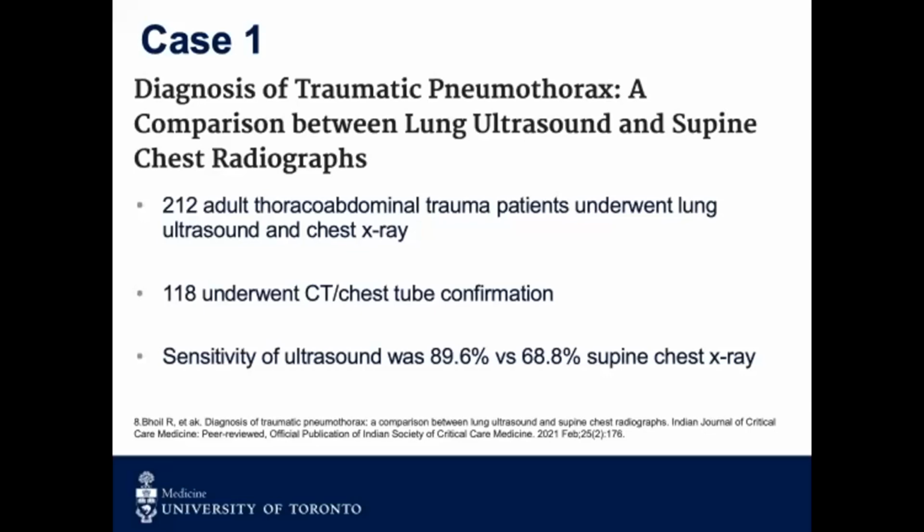And I think this is an important consideration because that's a big difference here. We talked about the fact that supine chest x-ray does underperform when air is involved because obviously you can't sit the patient up. But I think it's a really valuable finding, and trauma is one of the areas where ultrasound has been readily used.